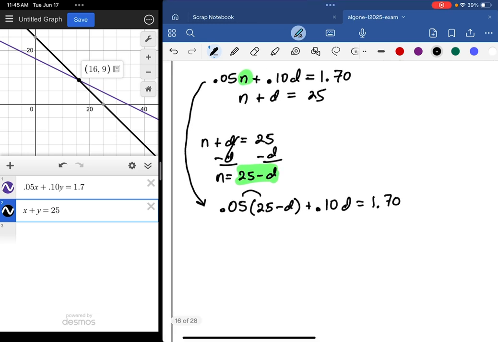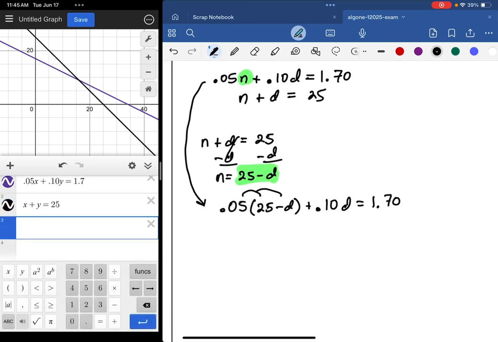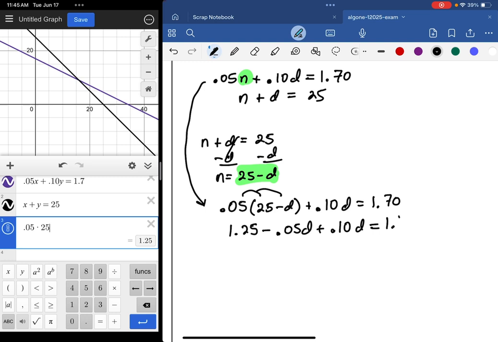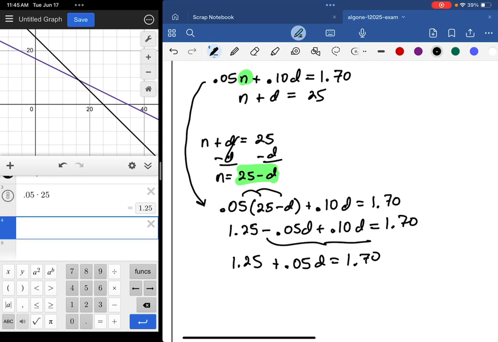Distribute. So that's going to be 1.25 minus 0.05 D plus 0.10 D is equal to 1.70. Combine like terms. So I'm going to get 1.25 plus 0.05 D is equal to 1.70. If you're not sure, type it in.